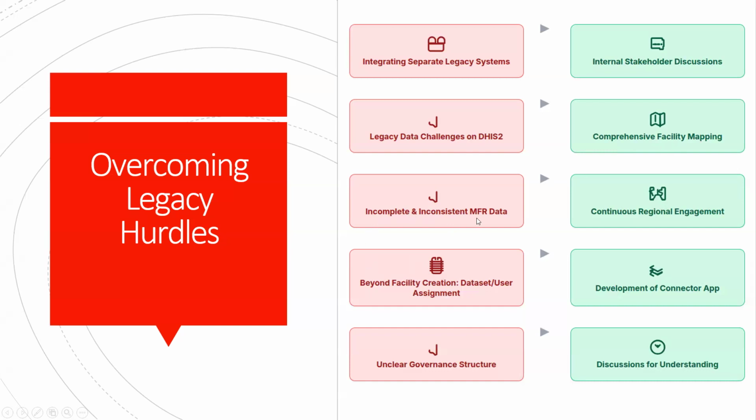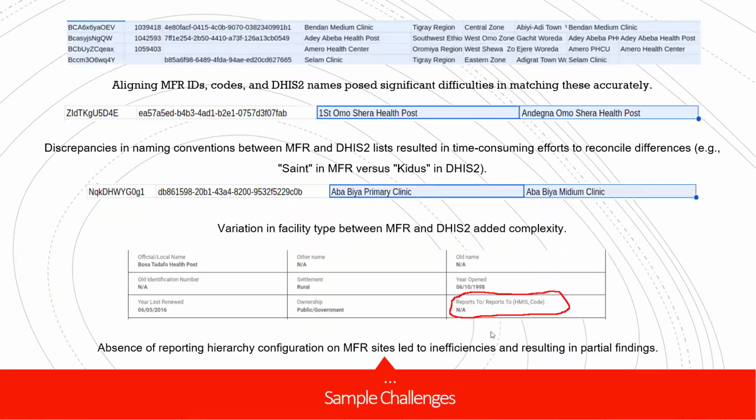For incomplete and inconsistent MFR data, continuous regional engagement helped: every region and every district was involved and upgraded their facility data. This gives us a big chance. Beyond facility creation, like assets and user assignment, there was development of the connector app, and an unclear governance structure, so discussion and understanding among stakeholders was also a big challenge. So these are the sample challenges that we faced during this implementation.